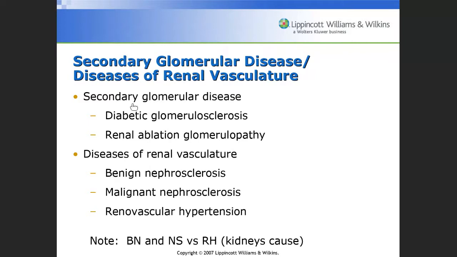Okay, so in renal vasculature, remember I told you that in the case of nephrotic syndrome, the proteins in the urine, you can say the third common cause is often secondary to other diseases like diabetes, lupus, or amyloidosis.